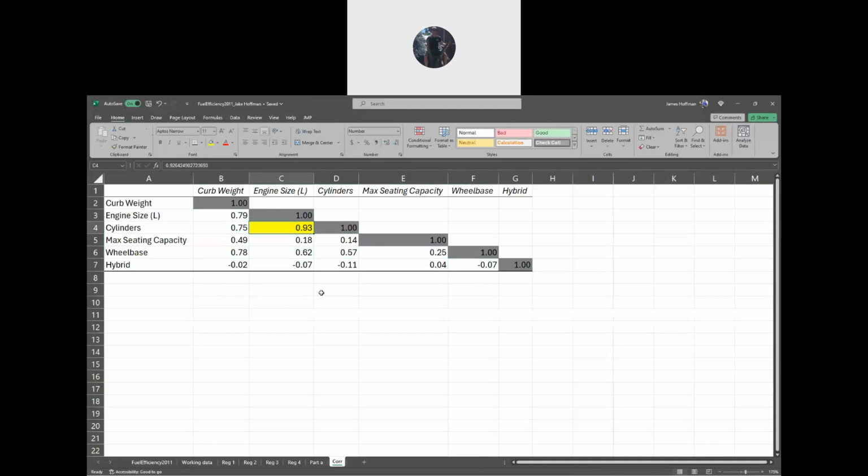So why don't we take a look at the graph of engine size and cylinders and see if there's a pretty high correlation, which there probably is. If so, we should take one of them out.